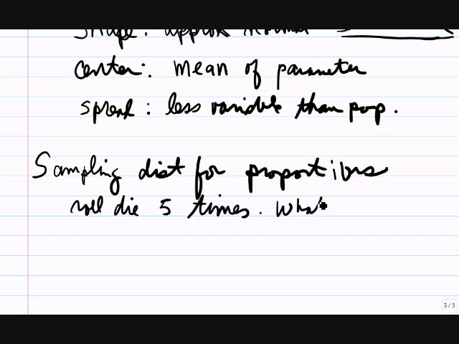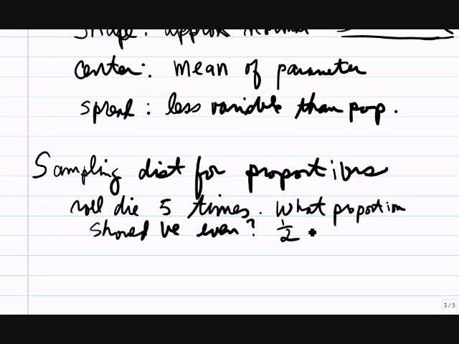What proportion of these should be even? Okay. So if I think of rolling a die, and I think of that population, half of that population is going to be even, half is going to be odd.